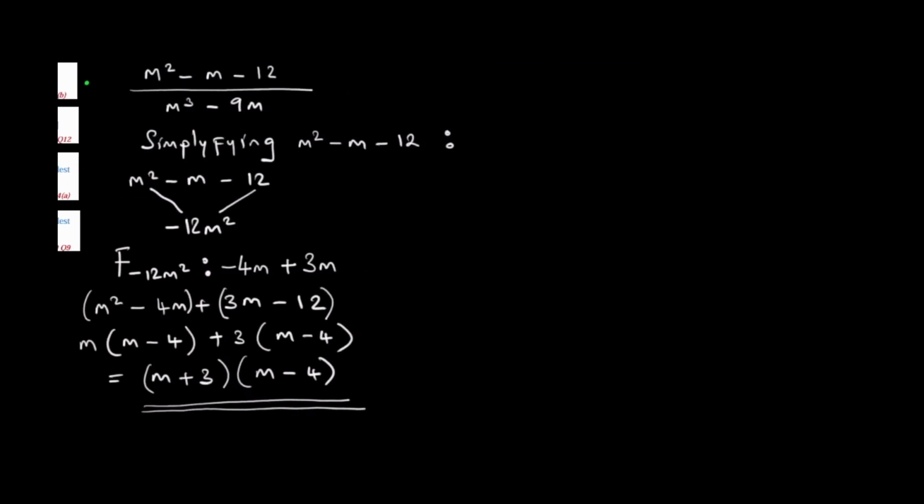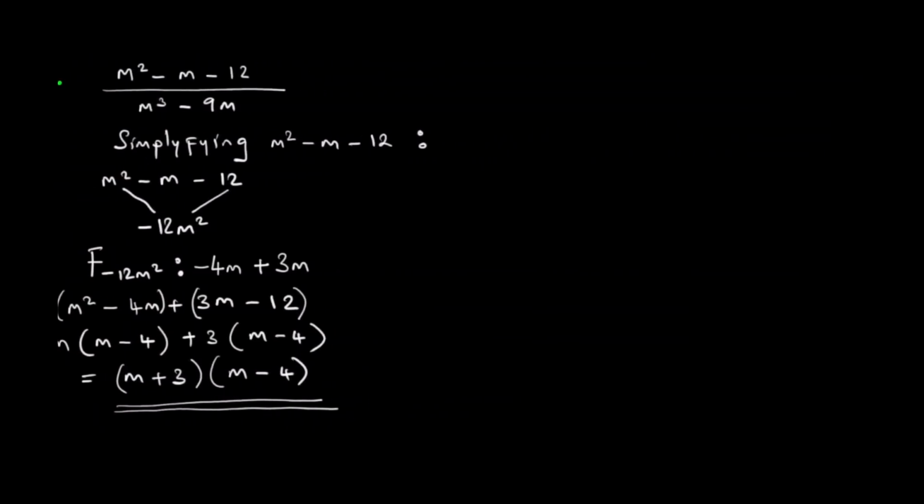Saka next what we do is tinogona kuya panapa toti futi simplifying the denominator, m to the power 3 minus 9m. Saka toda kufactorize m to the power 3 minus 9m, inenge equal to, we factor out m, kureva kuti tinosara tina m squared minus 9.